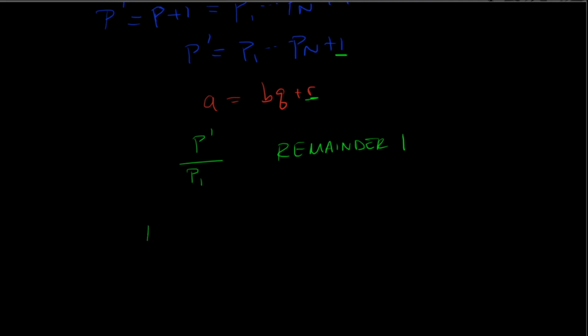So that means that P prime is not divisible by any prime number. So P, well, I'm going to write it Pi for all i. Okay, so for all prime numbers, all n of them, it's not divisible.